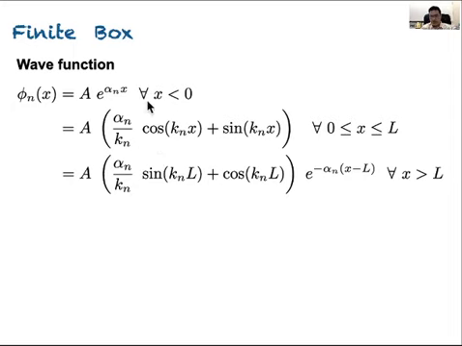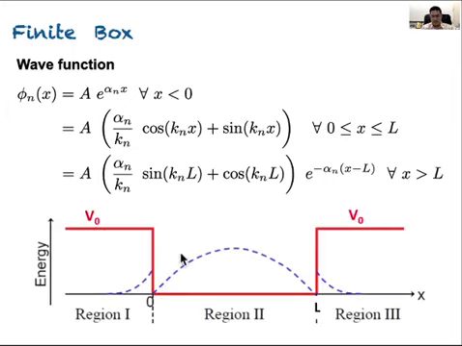Now we have also defined which wave function falls in which region. This is the wave function for x smaller than 0, this is for x greater than or equal to 0 and smaller than or equal to L, and this is the wave function for x larger than the value of L.